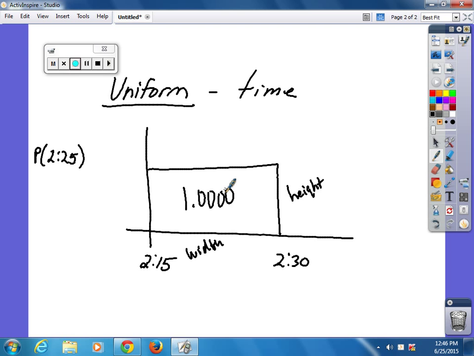Well, the width. What's that width? 15. So I'll put that in red. Anyway, between 2:15 and 2:30 is 15. So we know that this distance right here, between here and here, is 15.